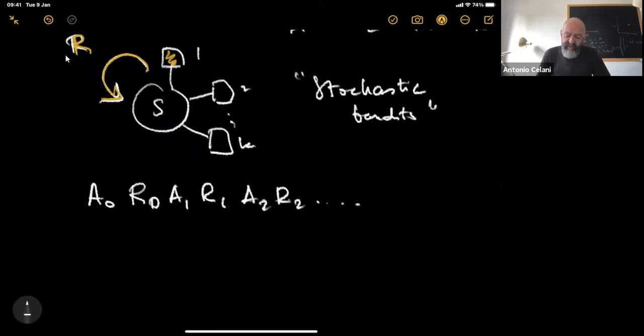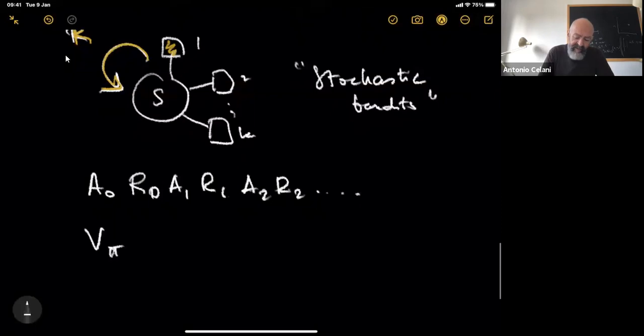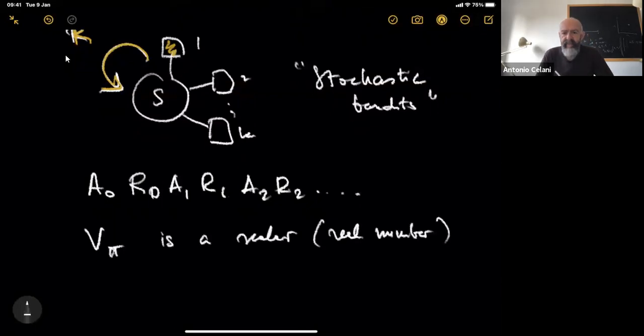And then you observe this, and you want to obtain the value of this policy that is generating these actions. Now the value of a policy for a stochastic bandit is a very simple object, because since there is one state, v pi is a scalar. It's just a real number. So we don't need to deal with a vector.